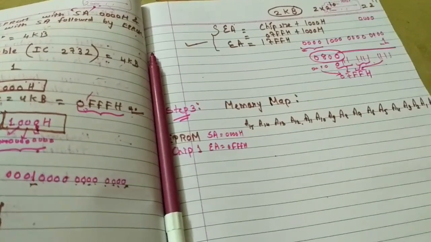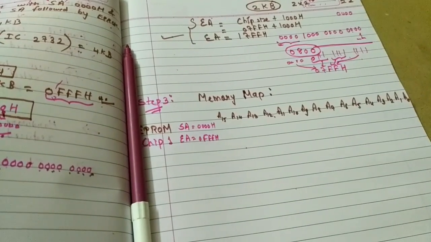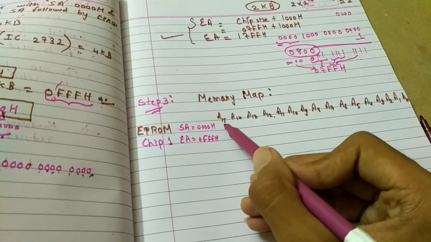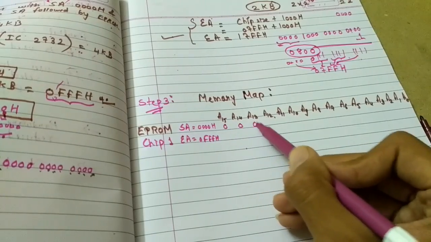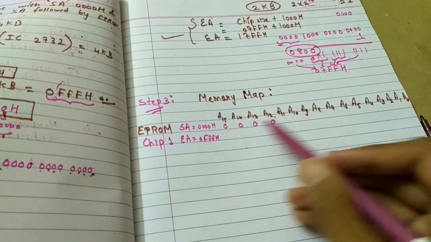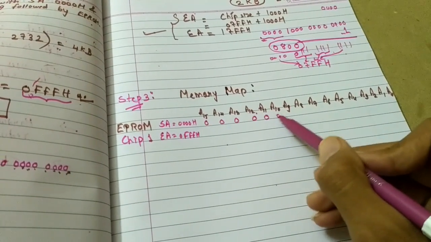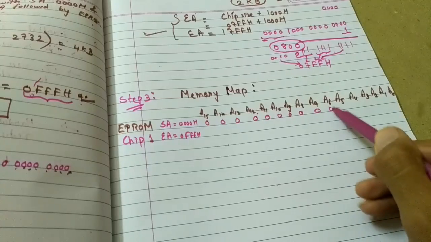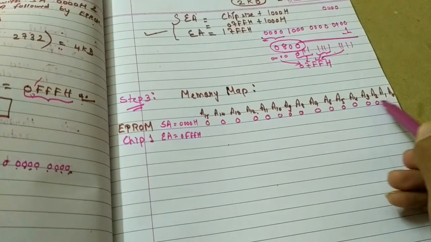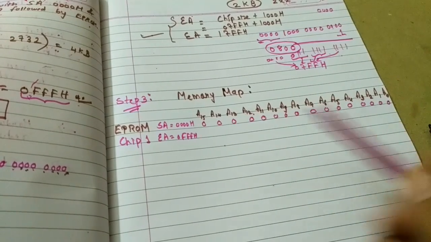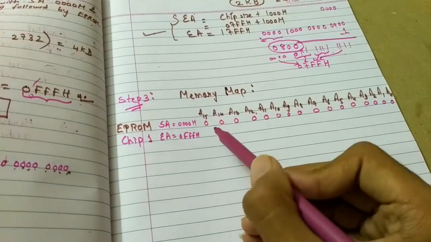These are the 16 address lines from A0 to A15. Now 0000 in hex, I am writing in binary: this 4, then this 4, then this 4, and then the last 4. Now we have to write 0FFF.